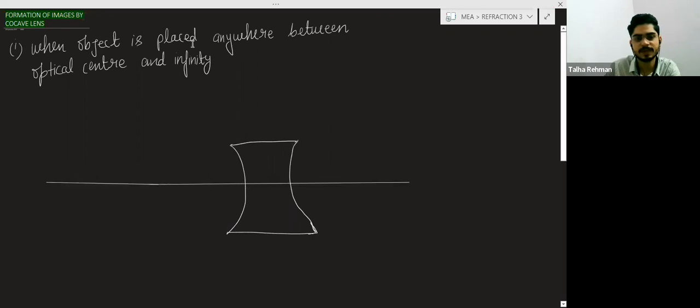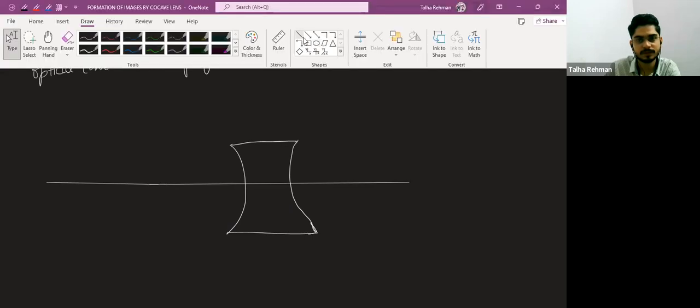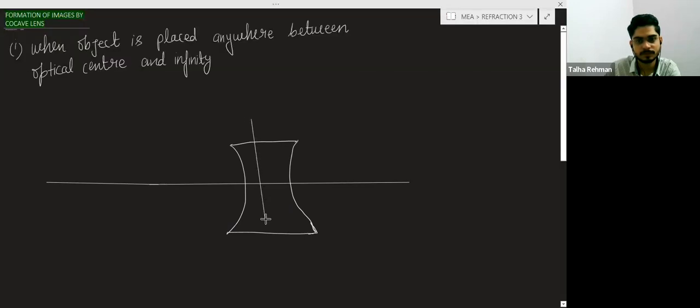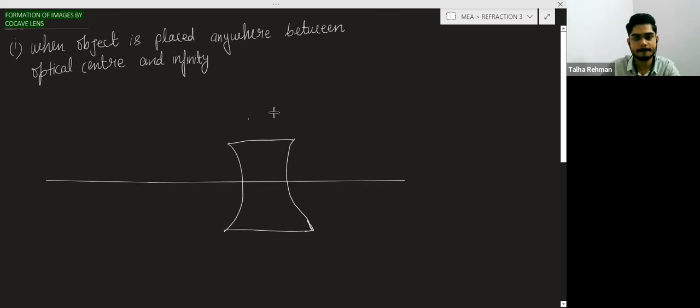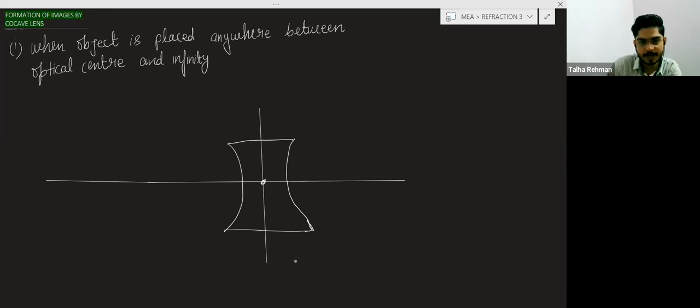This point is the optical center of the lens.